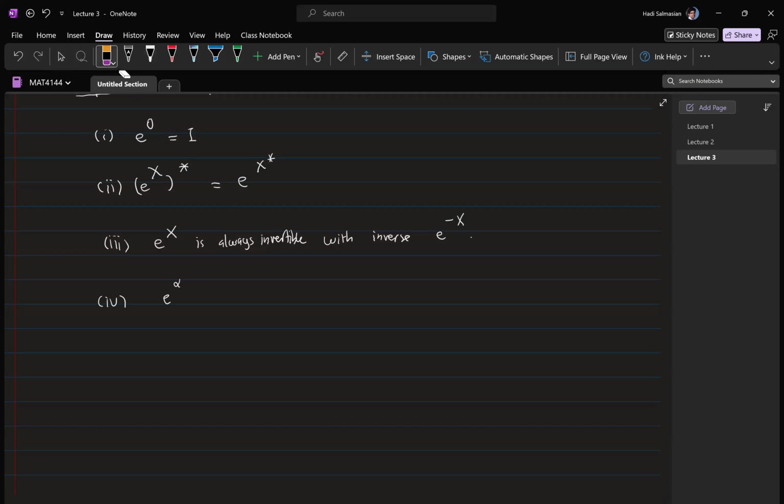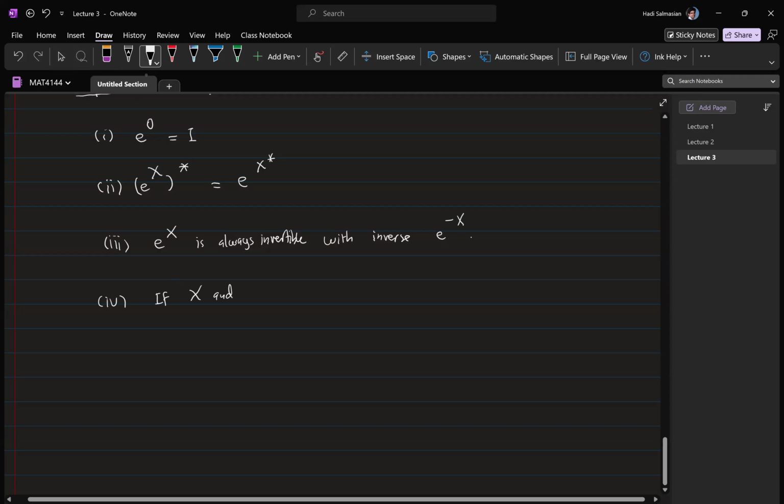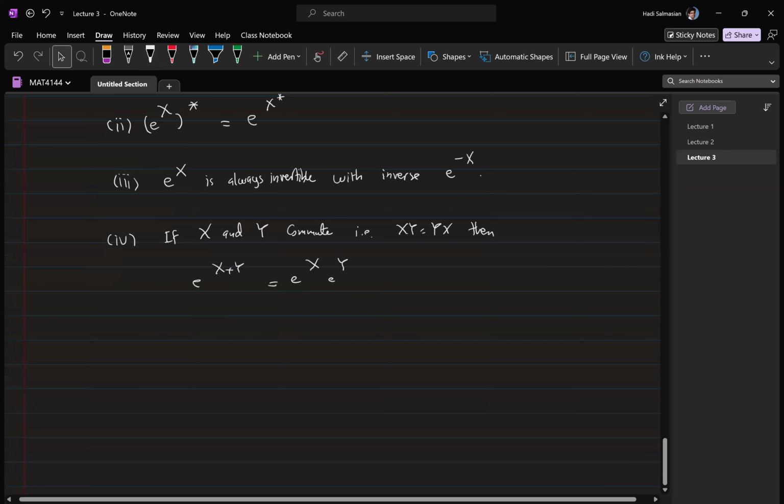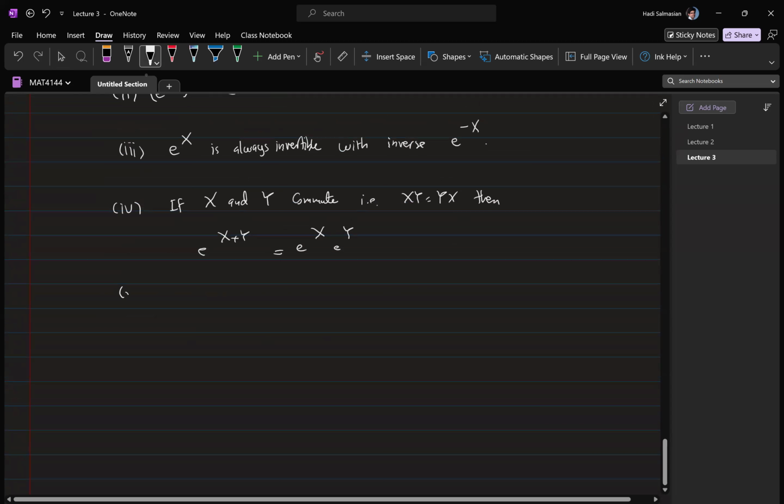Number 4 is that if x and y commute, then e to the x plus y equals e to the x times e to the y. And number 5 is that if you take some element of GL_n(C) and conjugate x by that element, then the exponential of the conjugate is the conjugate of the exponential.